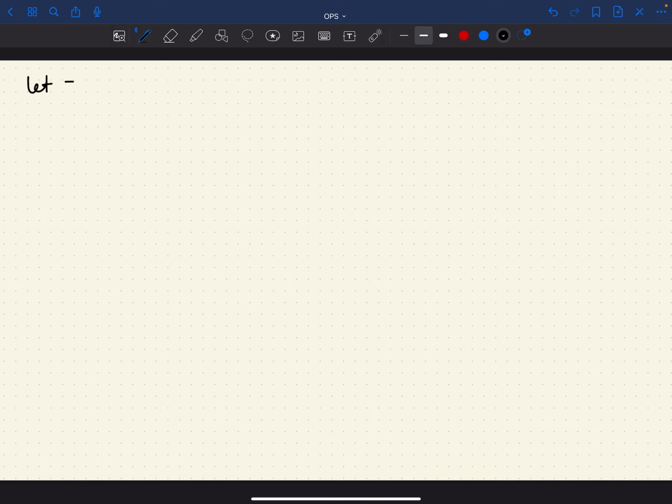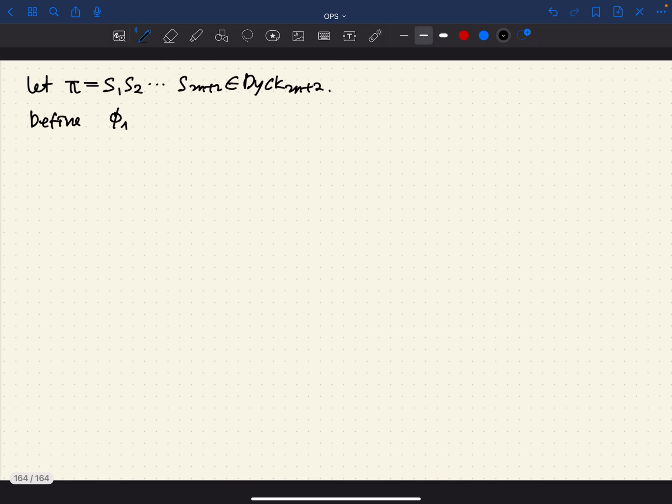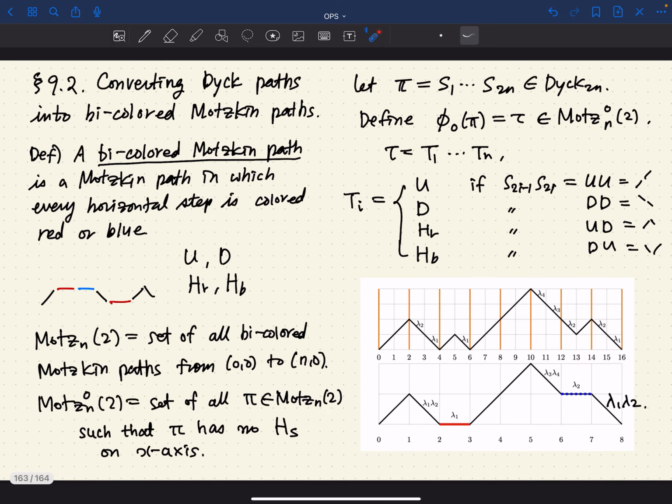So now let pi equal s1, s2, up to s_{2n+2} in Dyck path of length 2n plus 2. Now we're gonna define phi 1. I think this was phi 1, phi 0, sorry about that. This is phi 1 of pi is tau, but this is in Motzkin path of size 2. Now we don't have 0 here, but we have a 0.